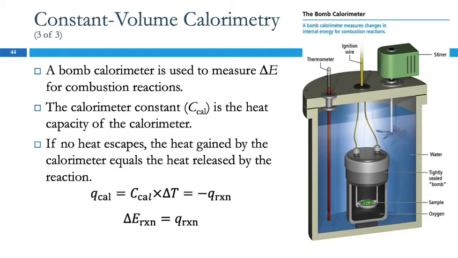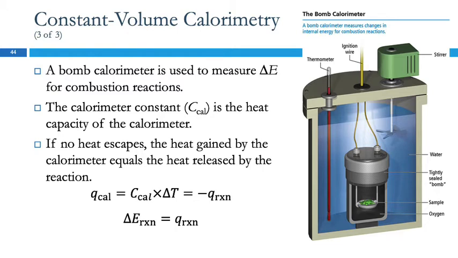So this is an illustration of a bomb calorimeter. Nothing explodes, so that's not very fun. But this is what's called the bomb, and it's a little sealed chamber, and if the pressure changes, the volume's not going to change. And so this is where our constant volume comes in.